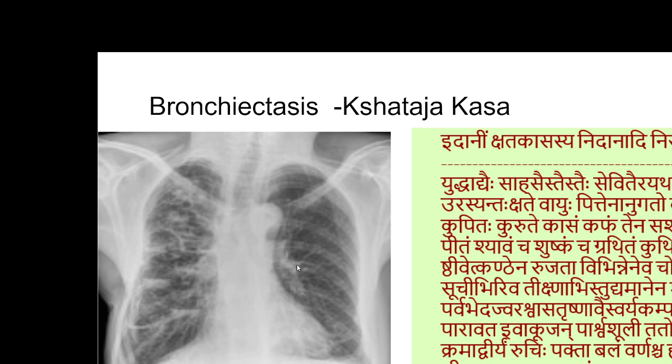Now, these clinical symptoms are characteristically seen in the case of Kshatajakasa. Kshatajakasa, according to Madhavanidana, the etiology is Yuddhadyehi Sahasihi Teitihi Sevitehi Ayathabalam Urasya Antakshate Vayuhu Pitte Nanugato Bade Kupitah Kurte Kasam Kafam Tena Sashonitam Pitam Shabancha Shushkancha Garchidam Kwatitam Bahu Stivet Kantena Rudita Vibhinne Majavarasa Suchi Tikshnabihi Tudyamanya Shulina Parva Bheda Jara Shwasa Krishna Vaisarya Pavana Paravada Ivakujan.